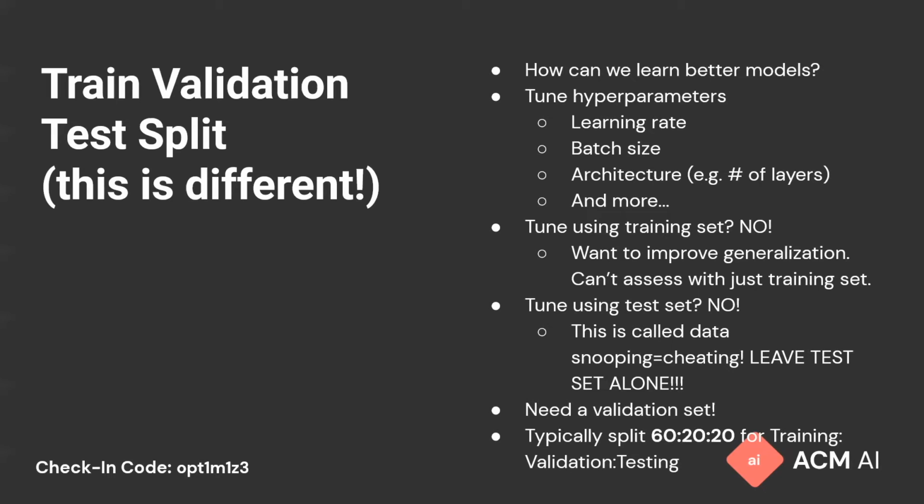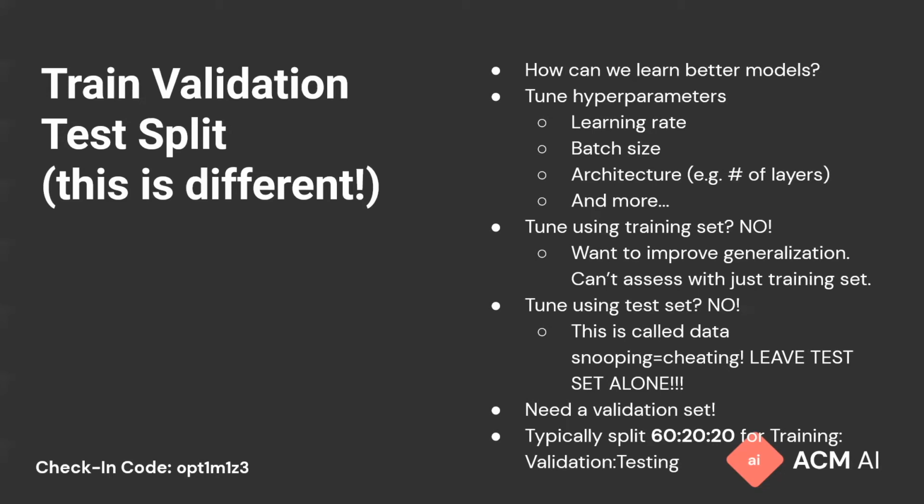If you look at this quiz and say, maybe next time I should study a little bit more, and then you take the same quiz again and do a little better, well, you basically cheated, right? So you shouldn't look at the test set to change your hyperparameters either.